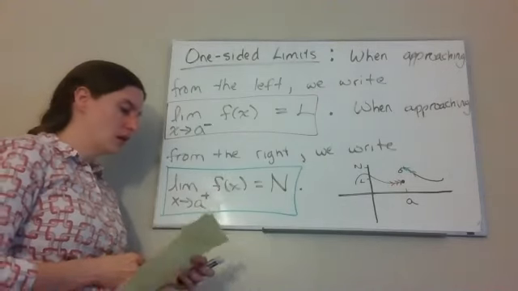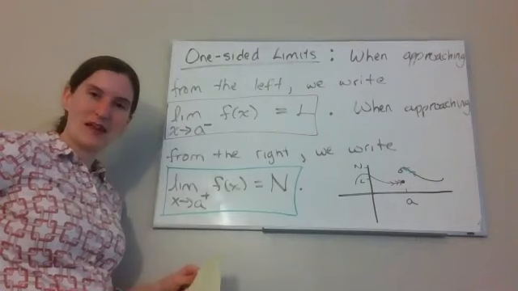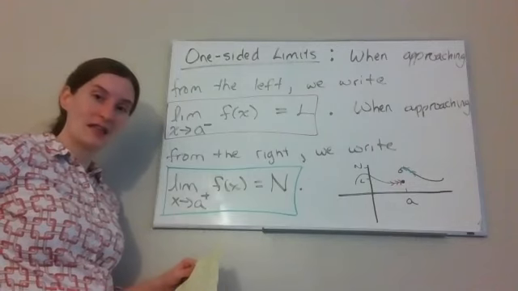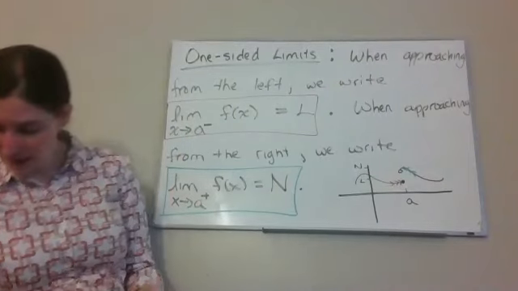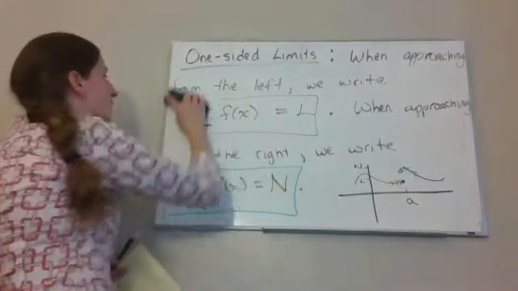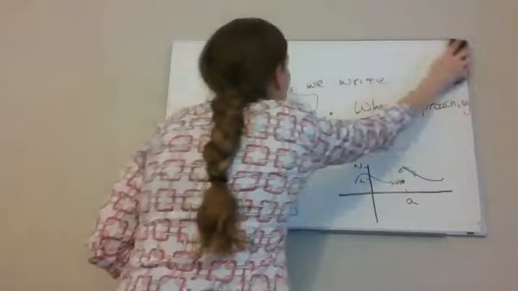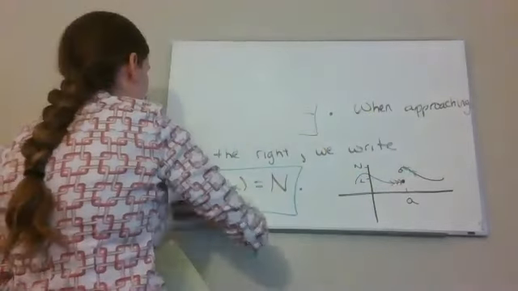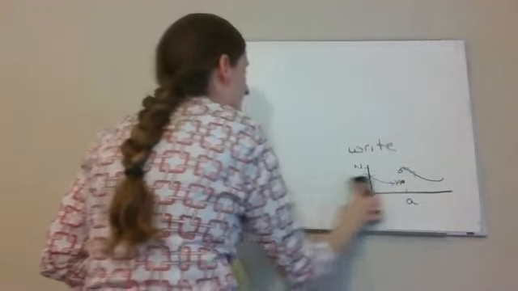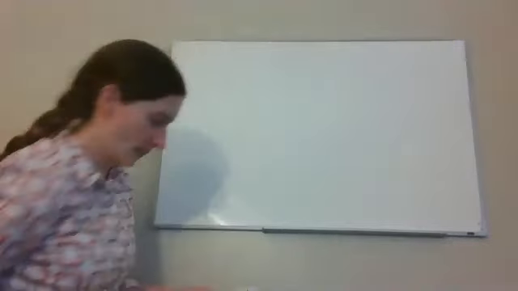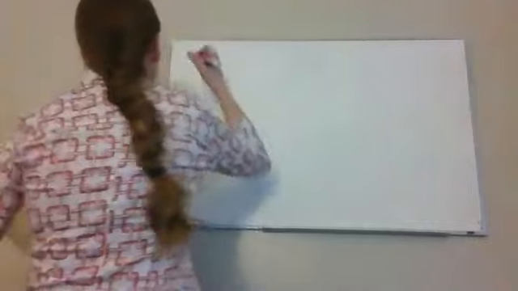And the very next theorem says what it means for the limit to actually exist in terms of these one-sided limits. So a theorem for us.